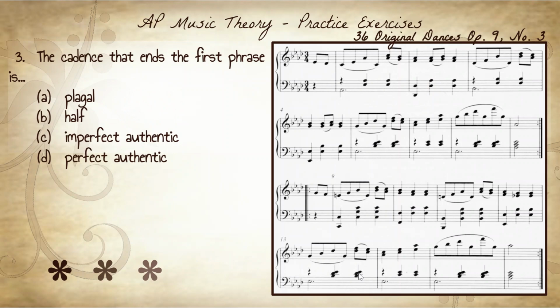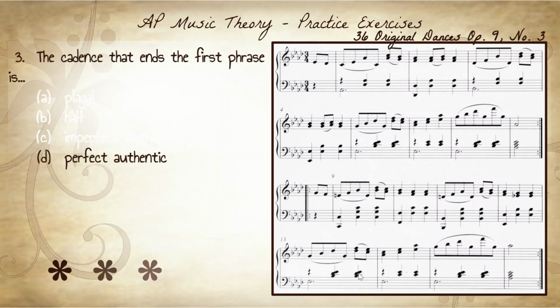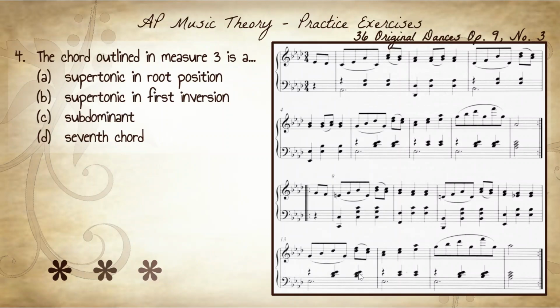The cadence that ends the phrase is A, plagal, B, half, C, imperfect authentic, or D, perfect authentic. Correct answer is D. The cadence that ends phrase 1 is perfect authentic. Question 4.